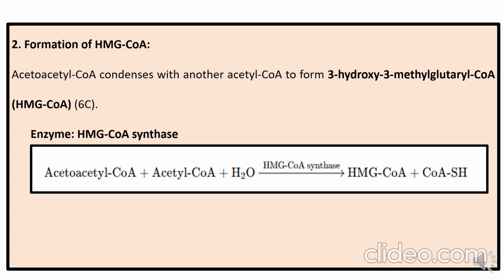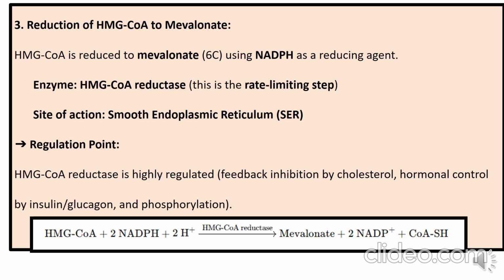I repeat, HMG-CoA synthase. In the reaction, aceto-acetyl-CoA, which is 4 carbon, combines with acetyl-CoA, and one molecule of water is also involved. In the presence of the enzyme HMG-CoA synthase, it is converted into HMG-CoA plus coenzyme A with a sulfhydryl group.